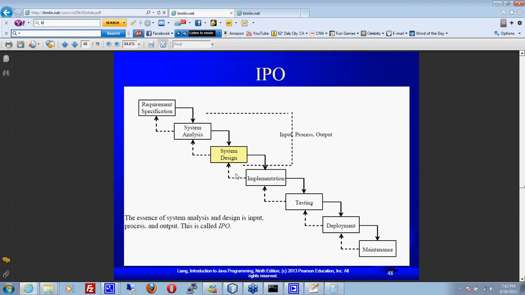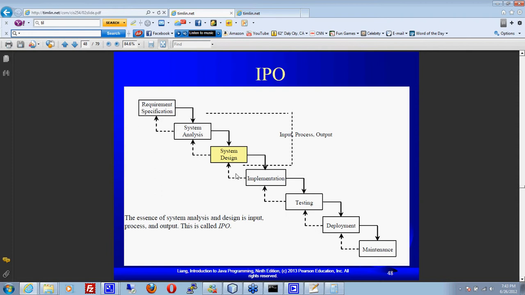Design. This is sort of a very traditional definition, IPO, which stands for Input Process Output. Traditional, I mean, and most systems to this day still work that way. You input something on a keyboard or a mouse or even your smartphone or whatever, there's a program that processes what you inputted, and then you get something back. And that something back in the past would be some sort of output on your screen or a printout maybe.